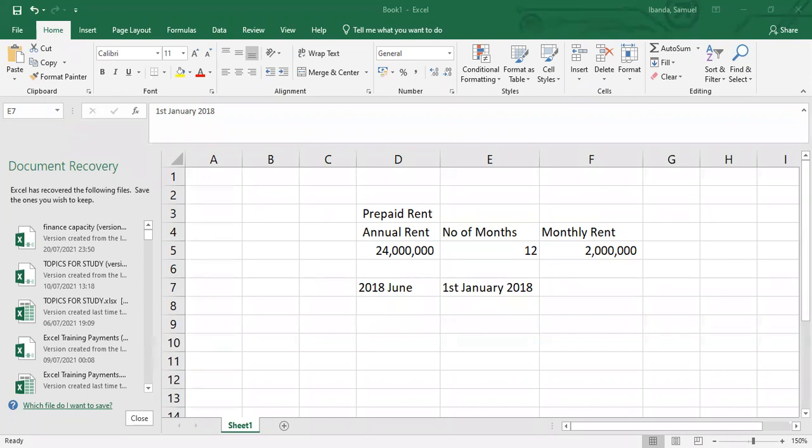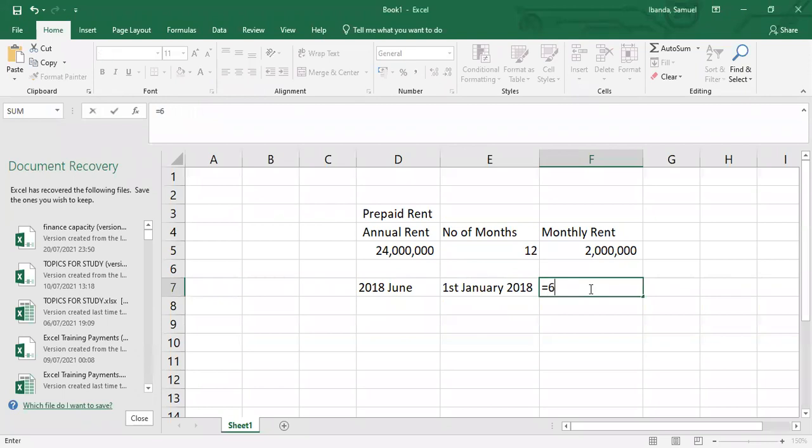So there's a prepayment, because remember, from 1st January 2018, we are remaining with 6 months.